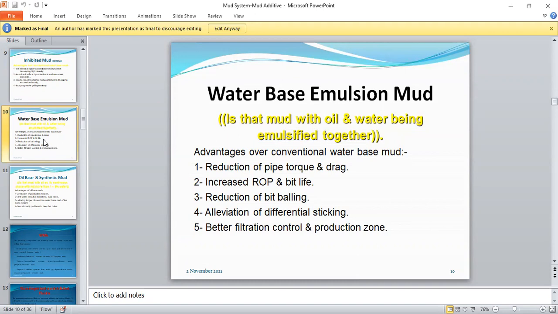Advantages of this type of mud, water-based emulsion mud. It is water-based, but you have some oil inside. One, the advantage: it reduces pipe torque and drag. By torque, we mean the pipe is rotating, and as it's rotating, there is a particular pressure that the driller uses in turning it.